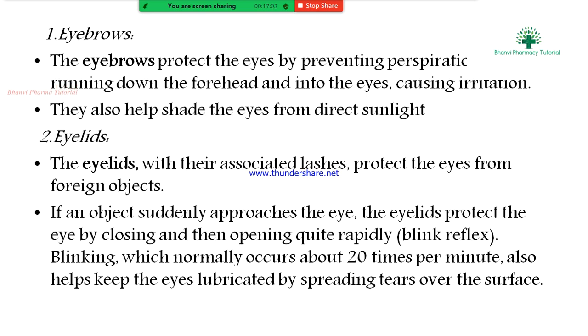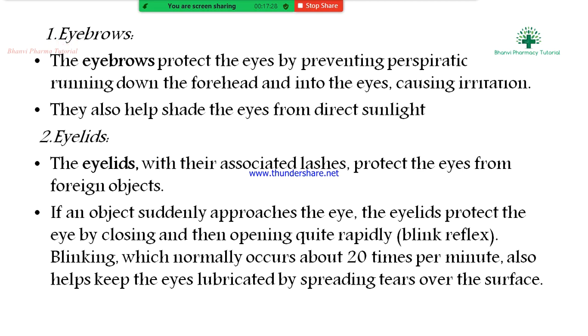The first one is the eyebrow. The eyebrows protect the eye by preventing perspiration from running down the forehead and into the eye, causing irritation. After sweating of your head, the sweat runs down the forehead towards the eye.